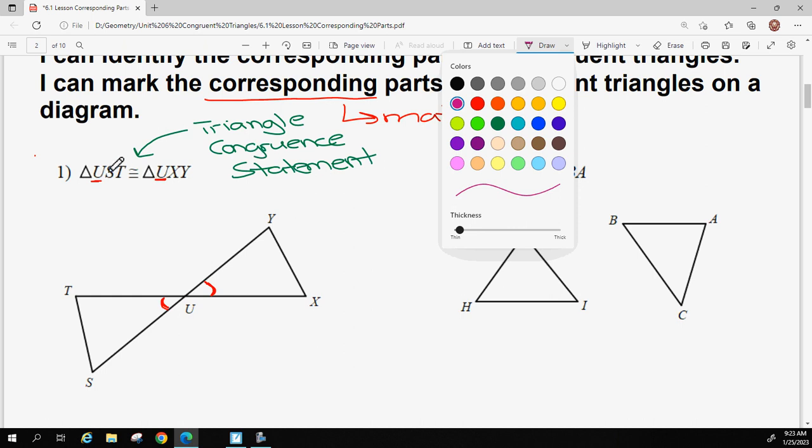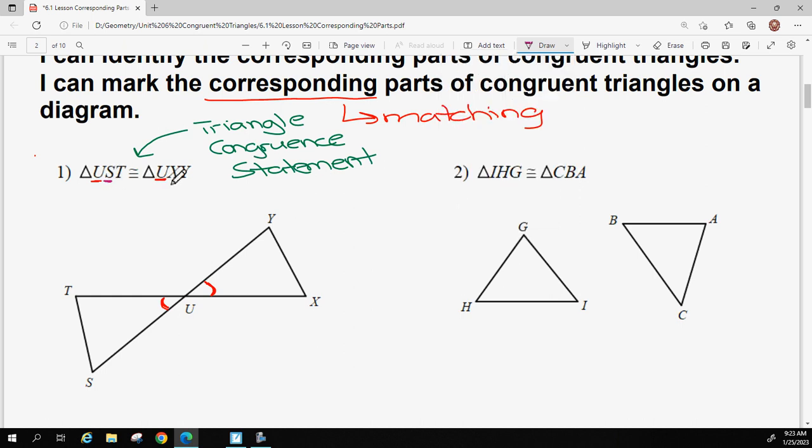And then my second letter is S and X. That means angle S in this triangle corresponds to angle X in this triangle, and they're going to be congruent. And so I'll put two little arcs in there to show that they're equal to each other, but they're not necessarily equal to these other angles. They might be, but we don't know that.